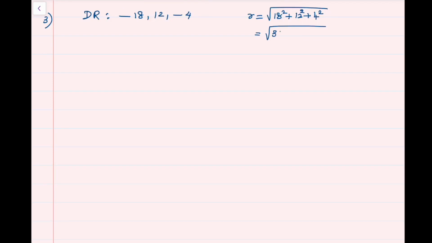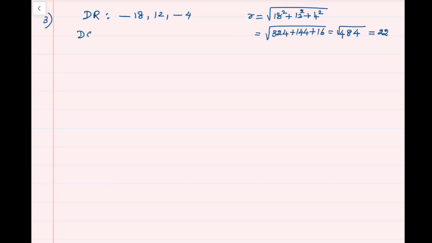Eighteen square is 324, 12 square is 144 and 4 square is 16. We get root of 484. Square root of 484 is 22.